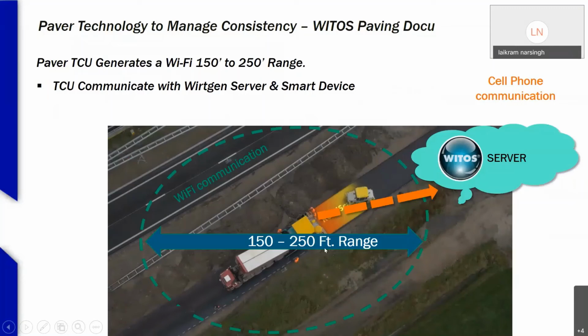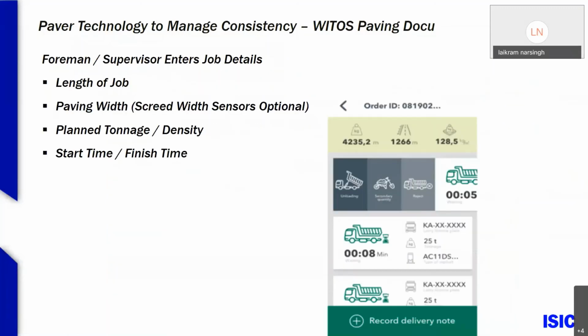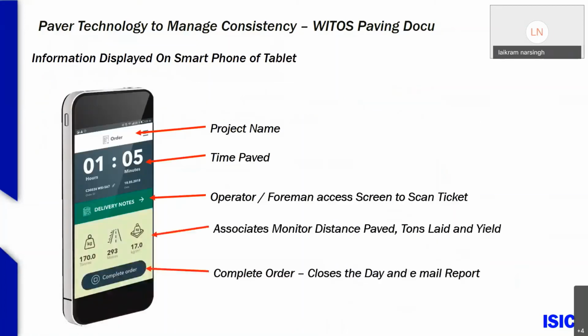The foreman or the supervisor enters in the morning the length of the job and the paving width. We also have an optional screed width sensor so you can monitor all day long how wide you're paving. He also enters the planned tonnage and density, start time, finish time. All of that information is entered up front, what job it is, the job order number, and all that good stuff.